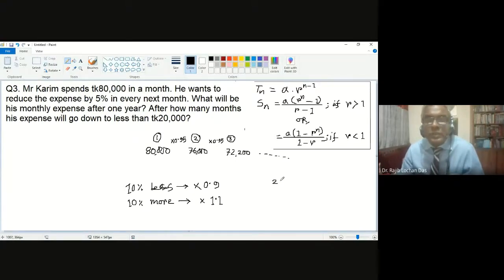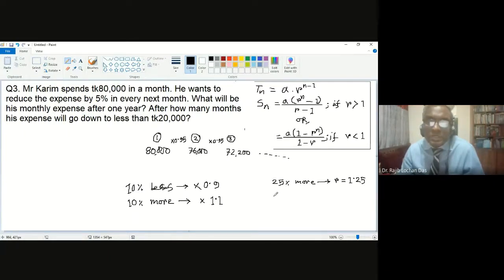Yes, sir. If it is 25% more, then what will you do? That means multiply by what number? 1.25. That is the R value.